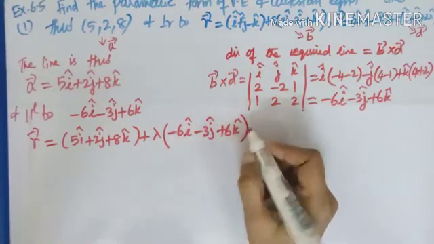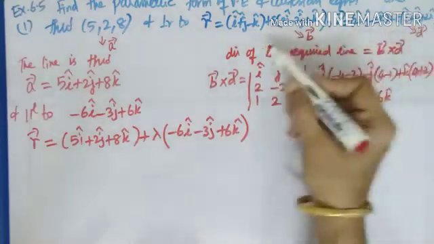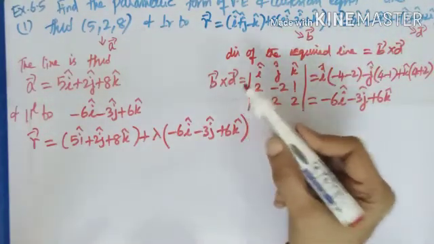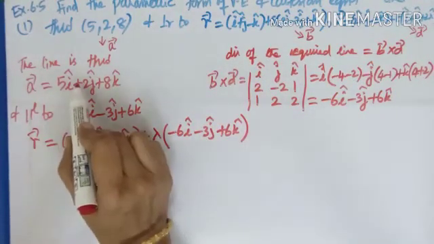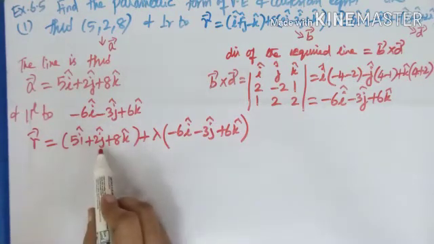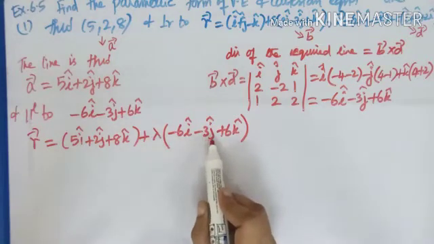So let us remember, a line perpendicular to two lines means find out the cross product of the direction. That will be the direction of the line. I know the point, I know the direction. R vector equal to point plus some constant into direction.